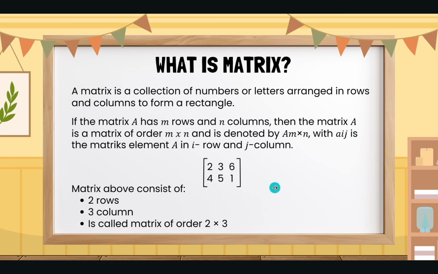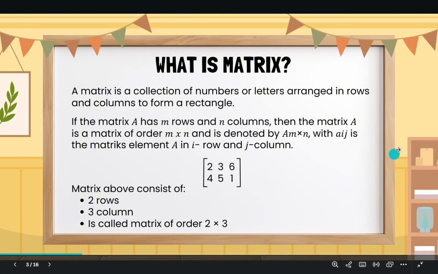For example, here we got a matrix that has 2 rows and 3 columns. So we call this a matrix of order 2 times 3.